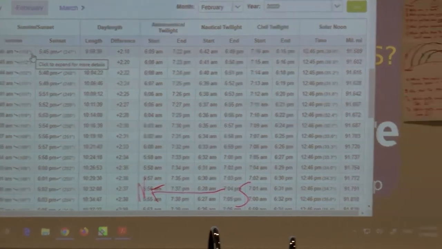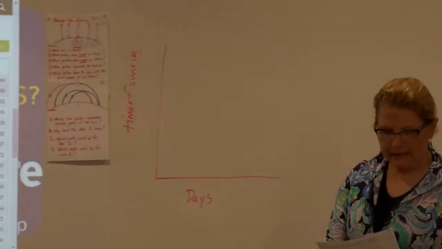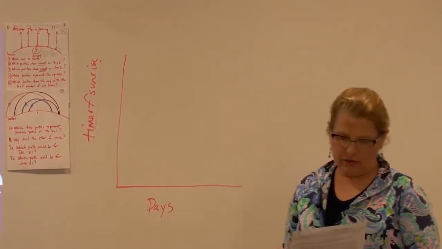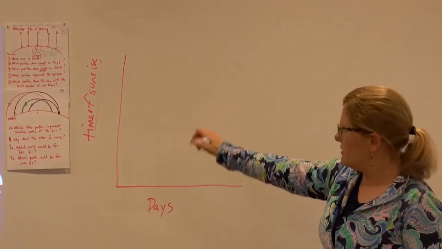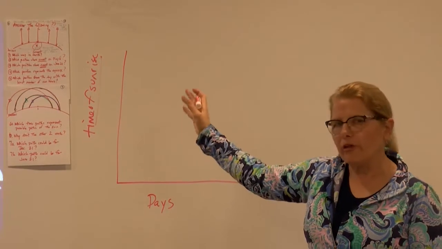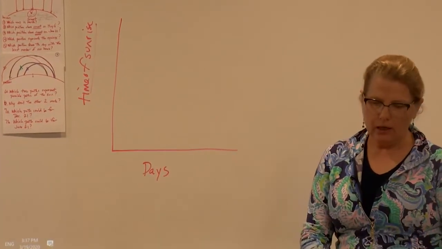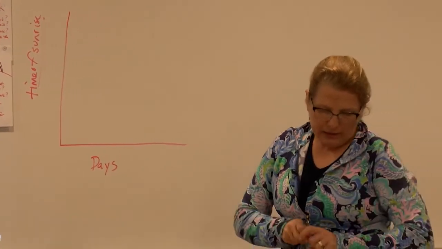This is going to be your first graph, and I've given you the dates. You use the exact dates that I've given you. Figure out your time of sunrise. It's only a matter of 12 or 13 minutes. What I want you to see is the trend. Okay, I want you to see the trend.